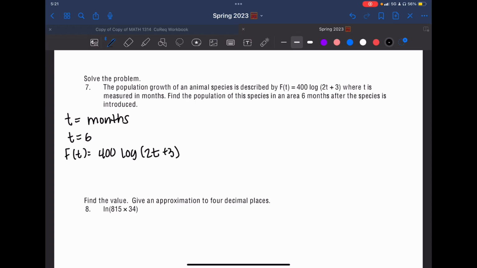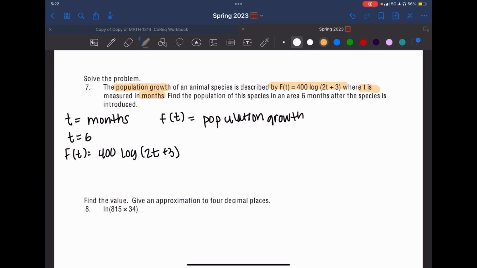So again, f of t is the population growth. So this is what's important. Try highlighting it. That's important.